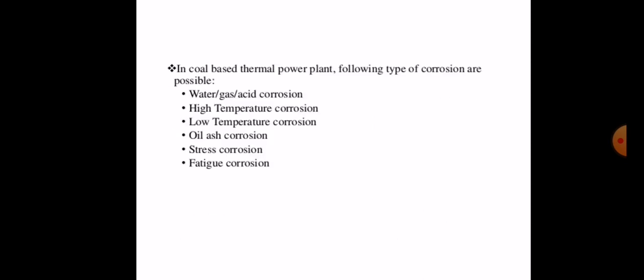In a coal based thermal power plant, the following types of corrosion are possible, right? In a thermal power plant also, the main component is the boiler, so there are also some types of corrosion possible: water, gas, acid corrosion, high temperature corrosion, low temperature corrosion, oil ash corrosion, stress corrosion, and fatigue corrosion, right?